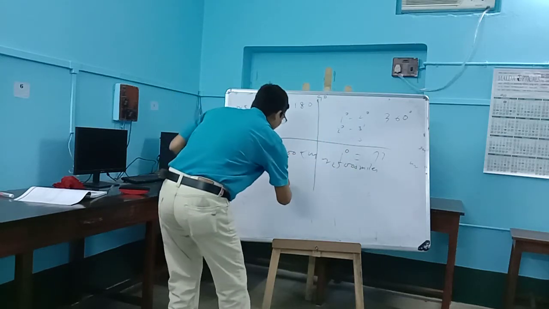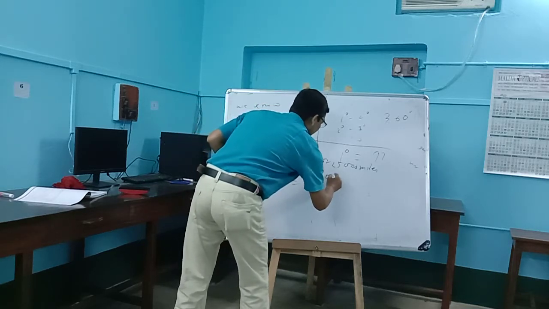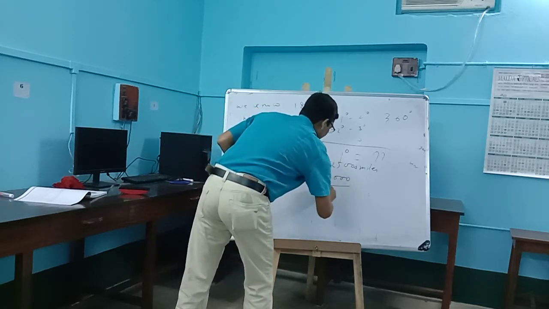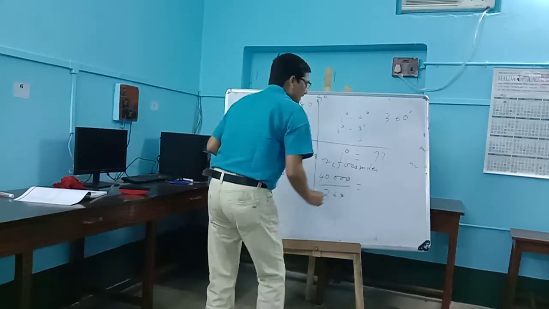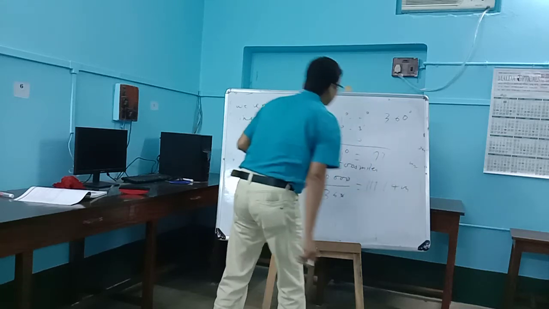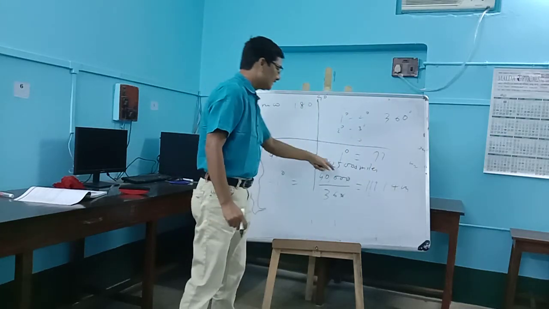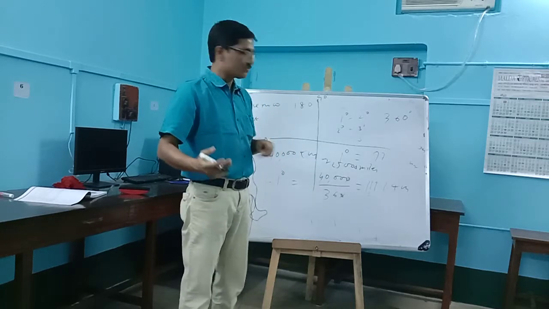So 1 degree is equal to 40,000 divided by 360, approximately 111 kilometer. That means 1 degree means we are traveling 111 kilometer on the ground.